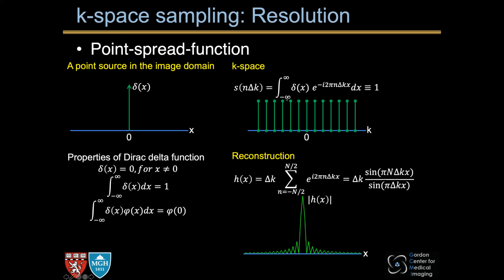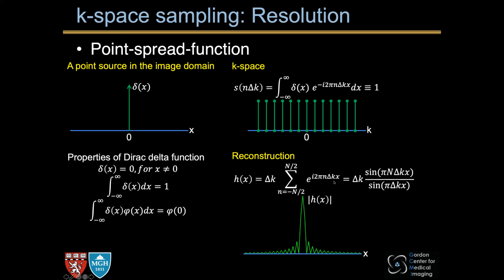Now let's say we have in total n samples of this point source. They are all equal to 1, and then we perform a Fourier transform on this k-space data, which is written like this. So the signal intensity is always 1, and then these are the inverse Fourier transform coefficients.